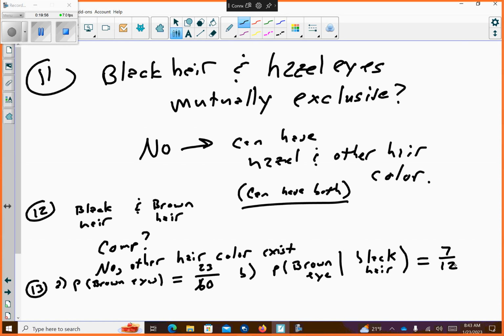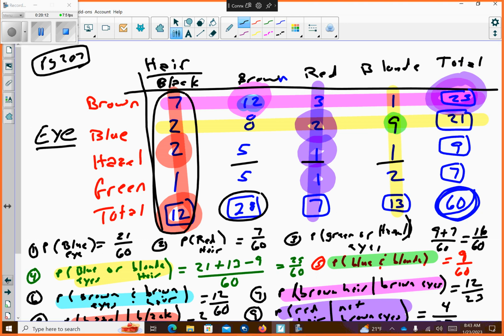And then letter C, what does our answer say about the outcome of brown eyes and black hair? So again, we're looking at this group. Brown eyes, black hair.